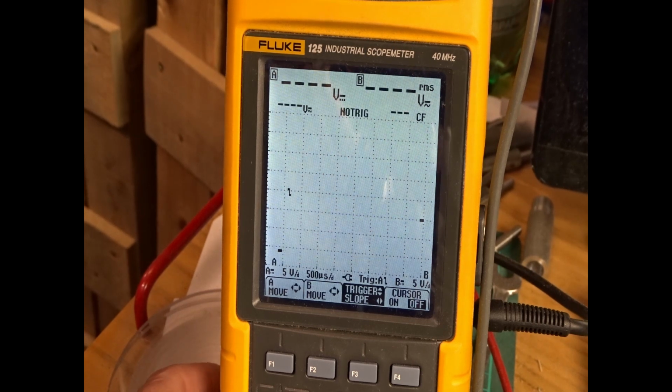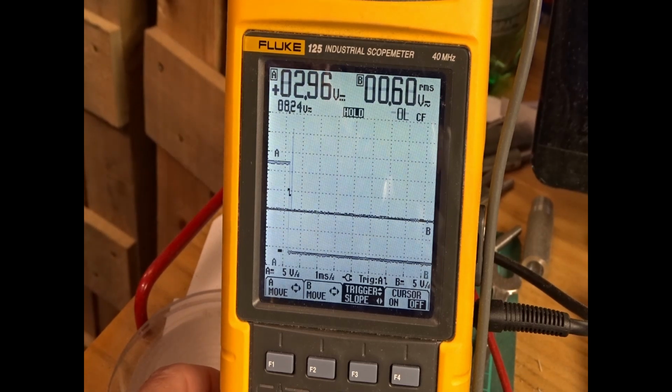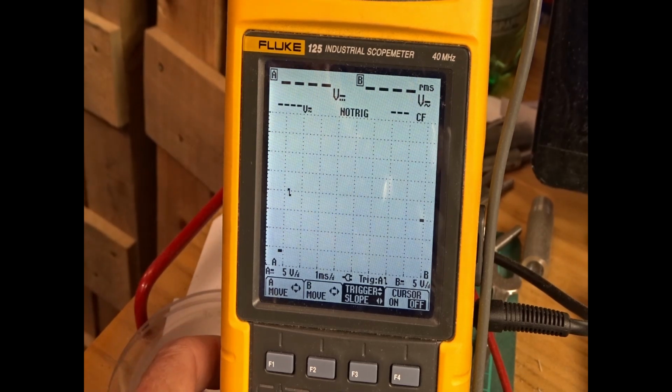Make it 1,000 microseconds, a millisecond. Okay, make it 2 milliseconds. I get 5 milliseconds.